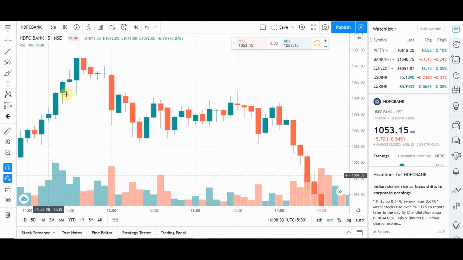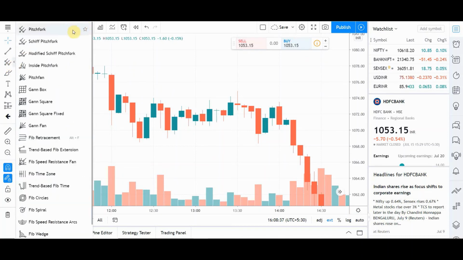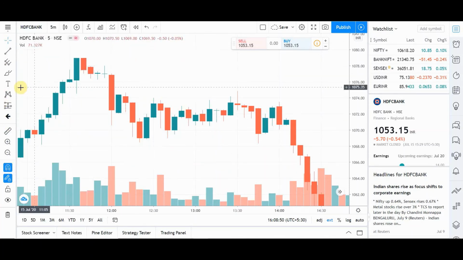There's also another feature, which is good for Fibonacci retracement, and some price action, trading strategy, indicators and all.